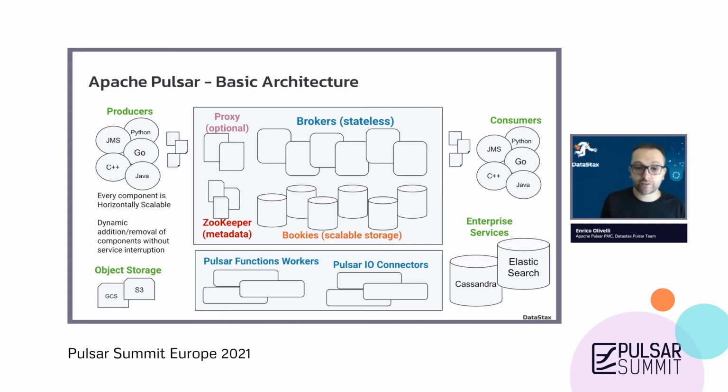And also you can start I/O connectors that allow you to easily read and write data to other engines or systems like Cassandra, Elasticsearch, or whatever you need. You can connect a third-party object storage, or you can use HDFS to store all the data that are not consumed frequently, but you want to keep your history for the use cases that I told before.